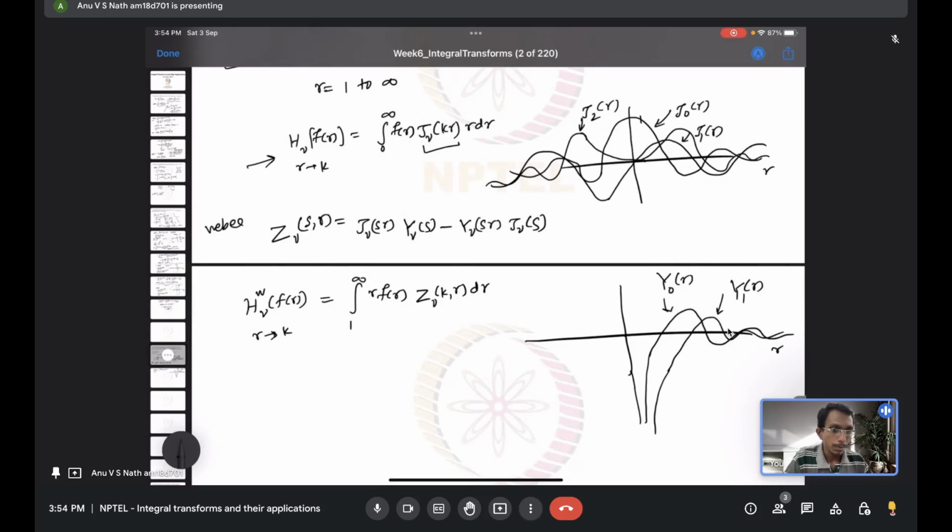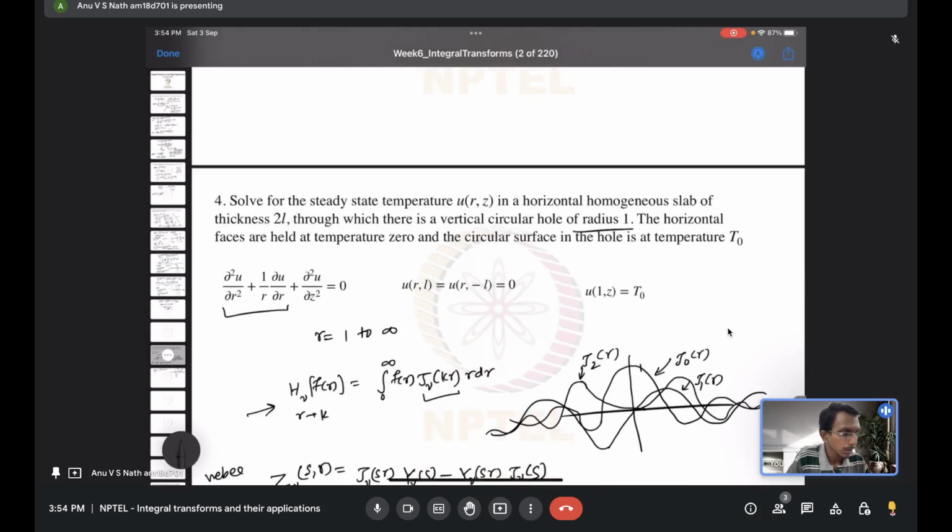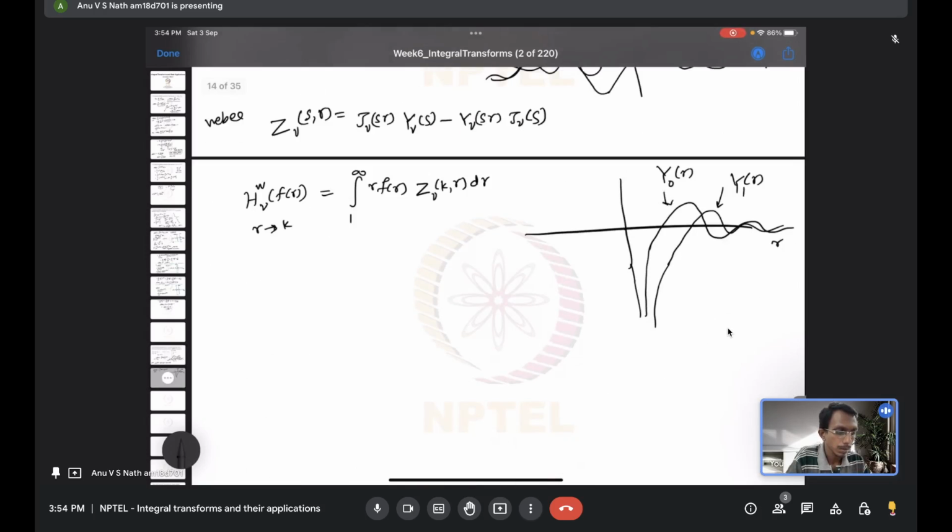So in this particular problem the domain is r equal to 1 to infinity. Let's say you have a problem where this is not r equal to 1 to infinity. Let's say r equal to some number, let's say 5 to infinity, or generally some positive number a to infinity. So what you can do is scale r with that particular number and define some r prime, so that r prime will go from again 1 to infinity, right?